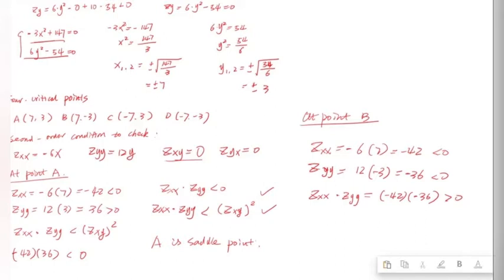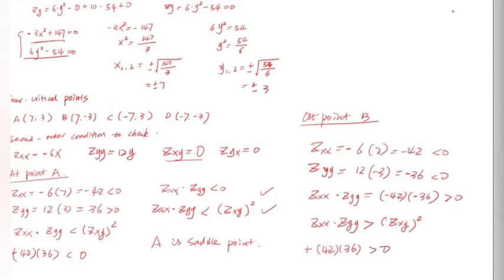And this one, zxx times zyy is greater than zxy to the power 2. Because zxy to the power 2 is 0, and negative times negative is positive, so this will be positive 42 times 36, greater than 0.